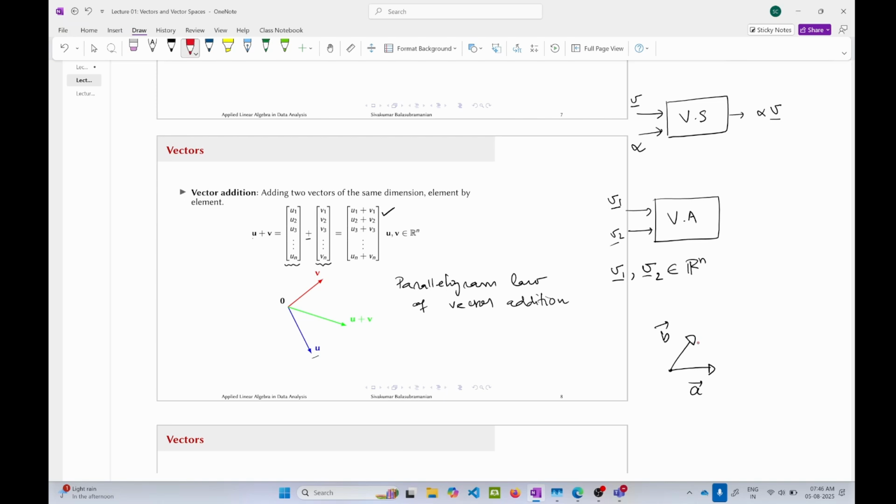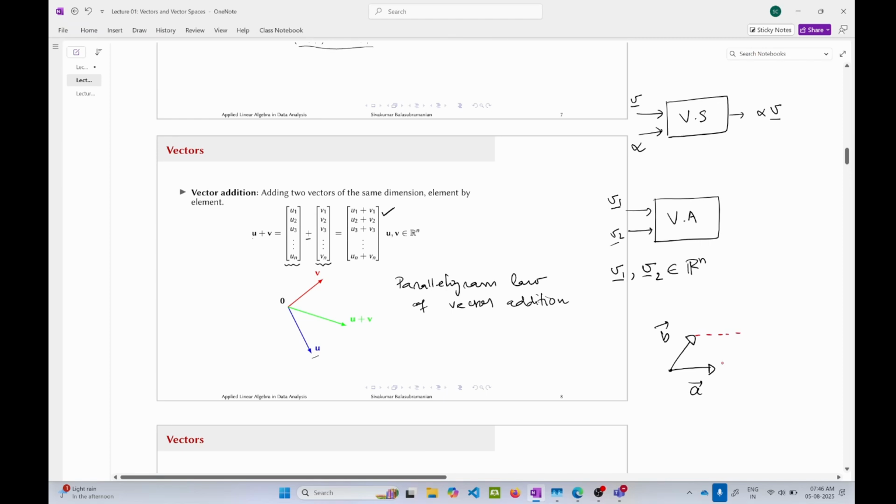So you essentially form a parallelogram with these two as two of the sides. You simply draw two parallel lines. At the tip of B, you draw the line parallel to A. At the tip of A, you draw a line parallel to B. These two will meet here.